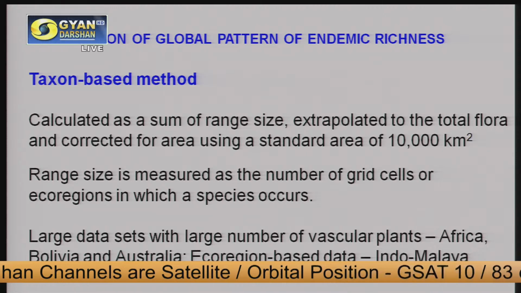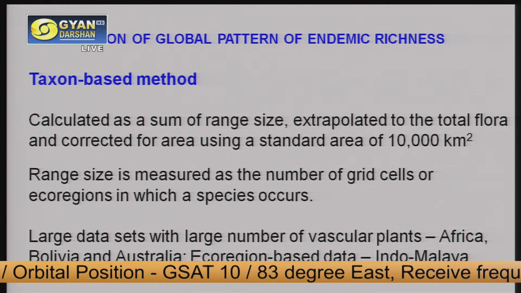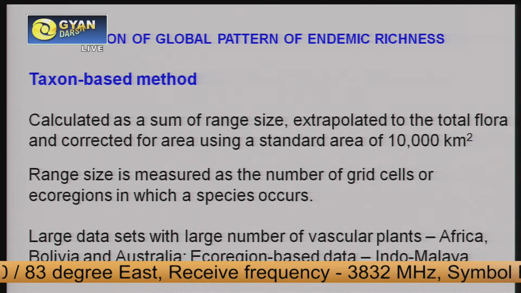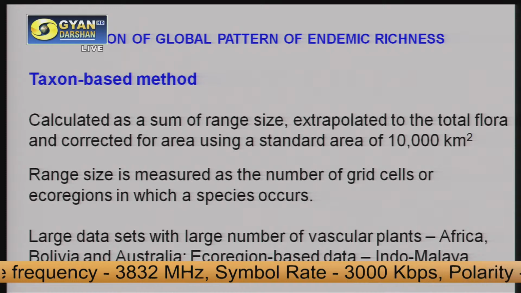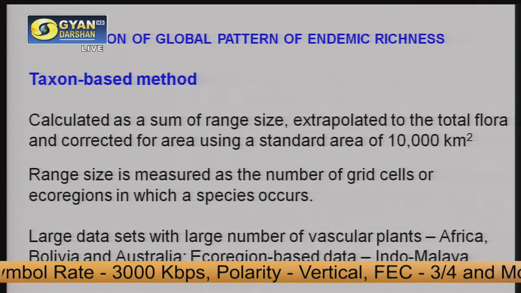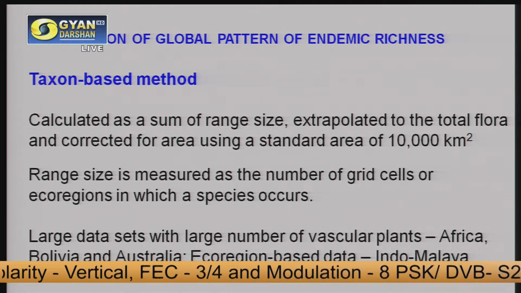Now one is the taxon based method. This is calculated as a sum of range size extrapolated to the total flora and corrected for area using a standard area of 10,000 km square. The range size is measured as the number of grid cells or ecoregions in which a species occurs.